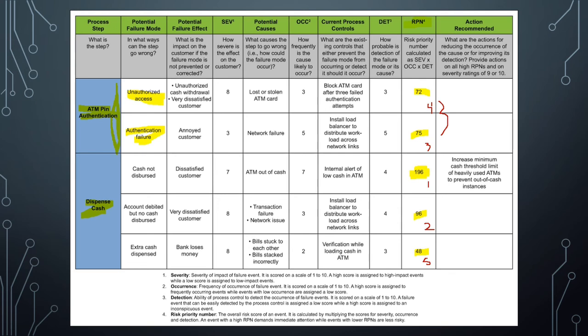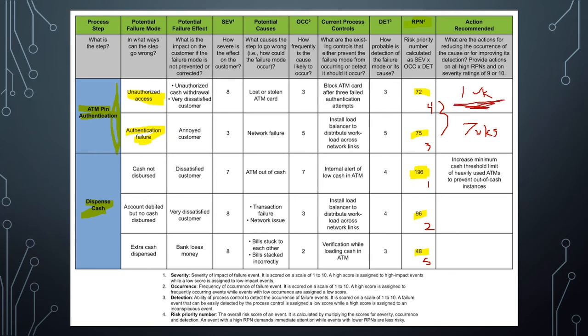So 75 is technically a higher risk, but if this is going to take 7 weeks to resolve, if you need 7 weeks to make sure your network is not failing, but to prevent lost or stolen ATM cards, it only takes you 1 week, you should probably work on this one, right?